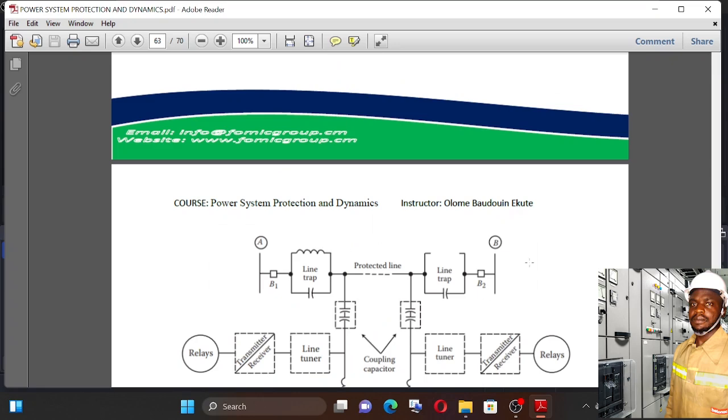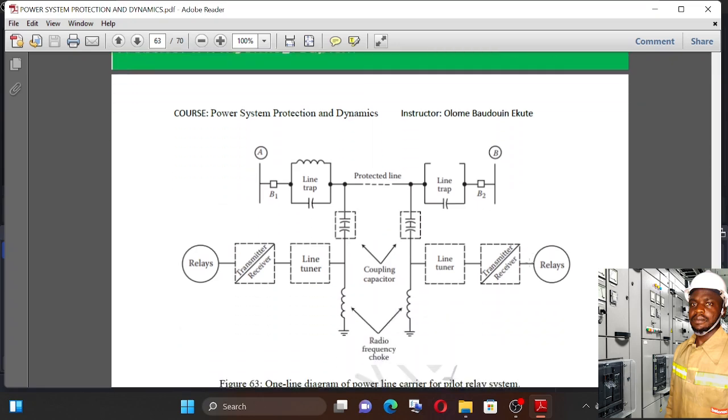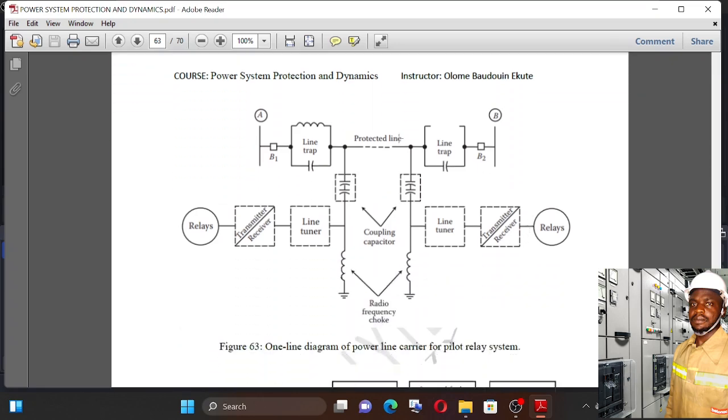Meanwhile, in the power carrier here, you rather have what? You rather have line traps and coupling capacitors with radio frequency chokes that are utilized in order to transmit and to receive signals through the power system network.